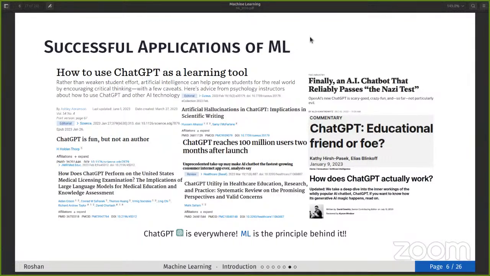So can anyone explain what ChatGPT does? How do you use ChatGPT?